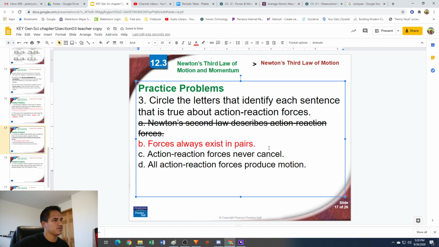C, action-reaction forces never cancel. That is also true. They don't cancel with each other because they're acting on two different objects. And D, all action-reaction forces produce motion. That is not true. They do produce motion sometimes, but not always. So B and C are true, and A and D are not.